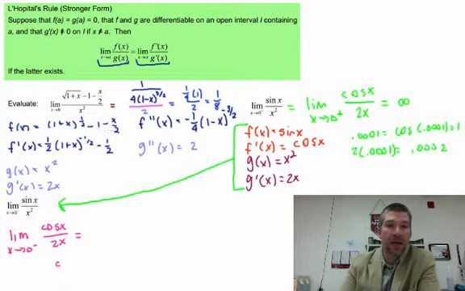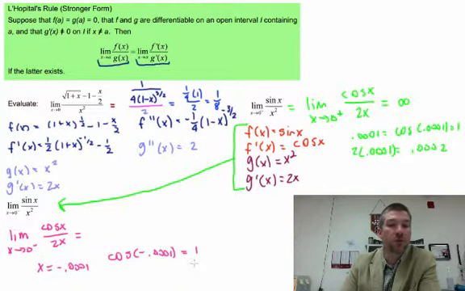So if I let x equal negative 0.001, when I substitute that guy into cosine, I get the cosine of negative 0.0001, which again is going to be close to 1. Really, really close.